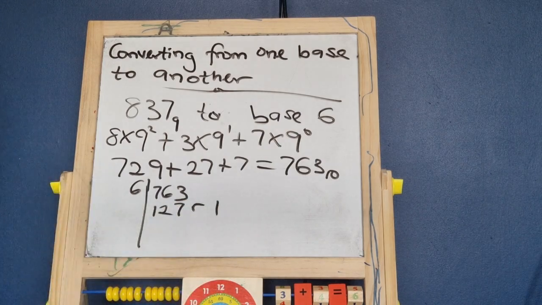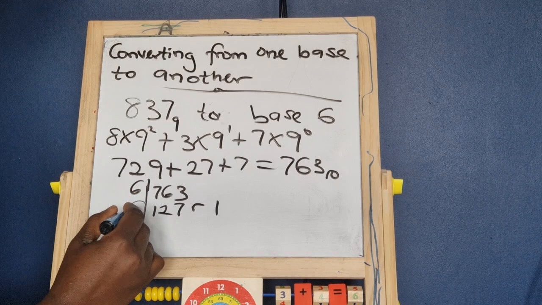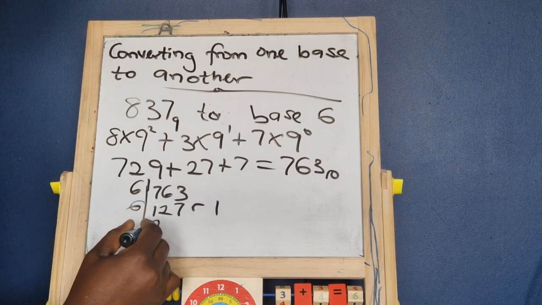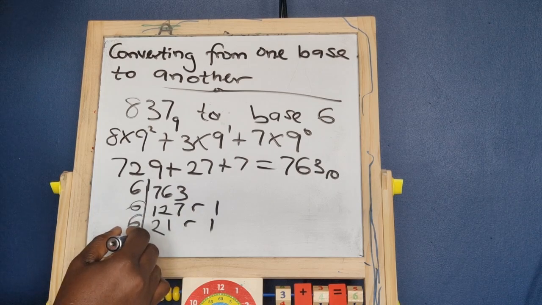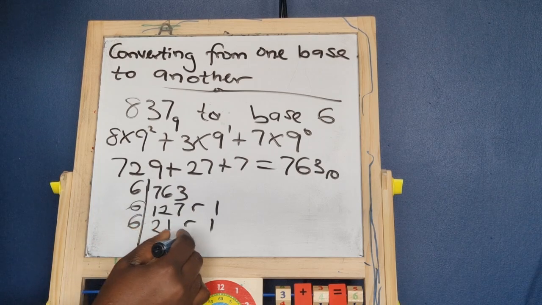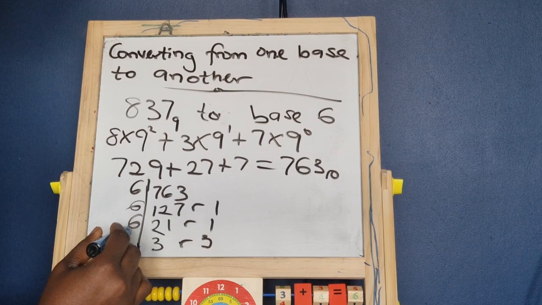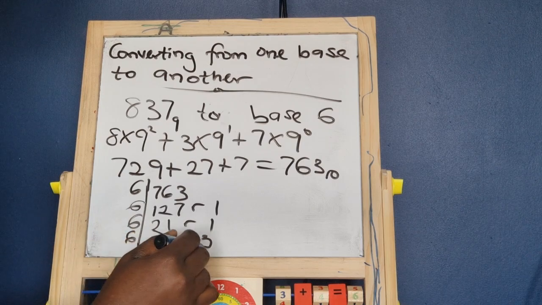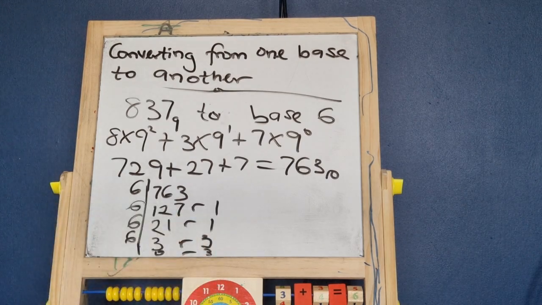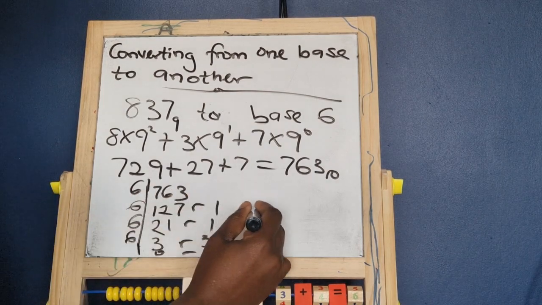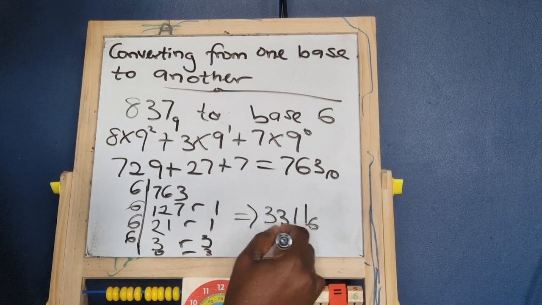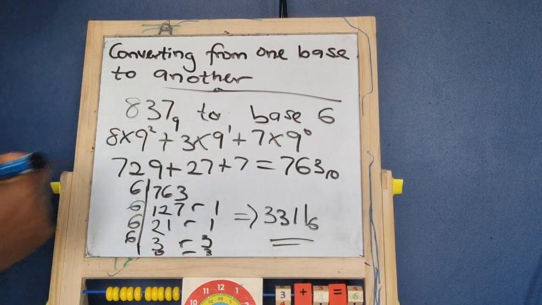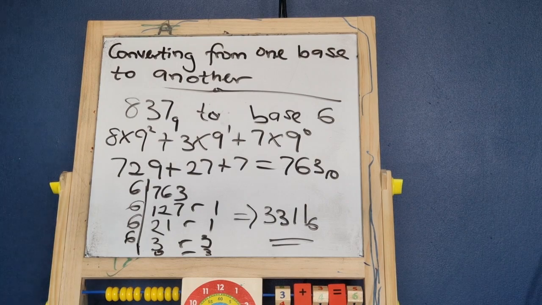Excuse me. 6 would go in 12 2 times. 6 would go in 7 1 time, remainder 1. 6 would go in 21 3 times, remainder 3. 6 would go in 3 0 times, remainder 3. So this would give 3311 base 6. So 837 base 9 would give 3311 base 6.